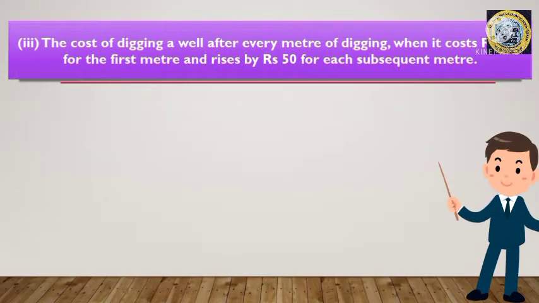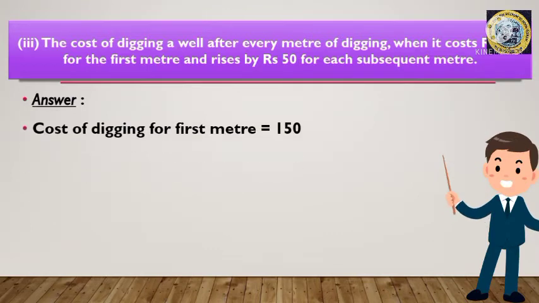Sub-question third one, (iii): the cost of digging a well after every meter of digging, when it costs 150 rupees for the first meter and rises by 50 rupees for each subsequent meter. Cost of digging for the first meter is equal to 150 rupees.